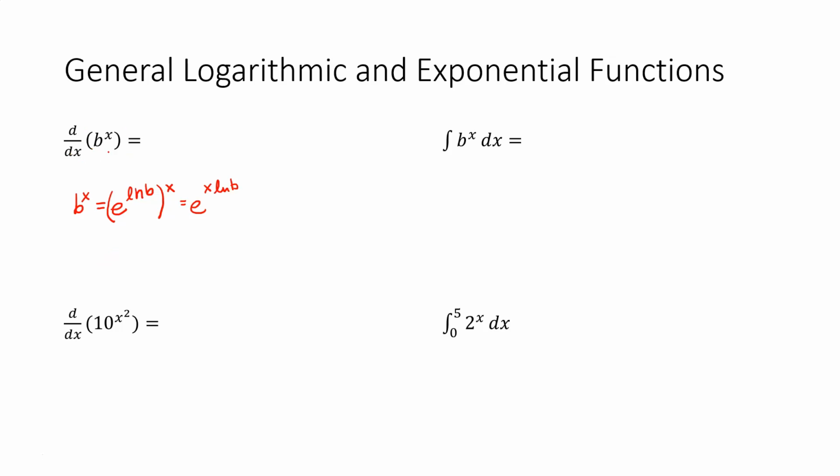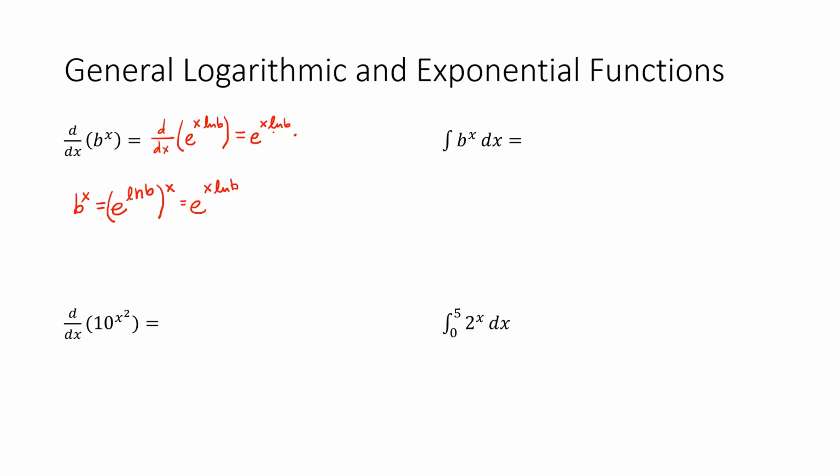So if I'm taking the derivative of b to the x, I can think of this as the derivative of e to the x times ln of b. And we know how to deal with the derivative of e. It's just e to the x times ln of b times the derivative of x times ln of b.